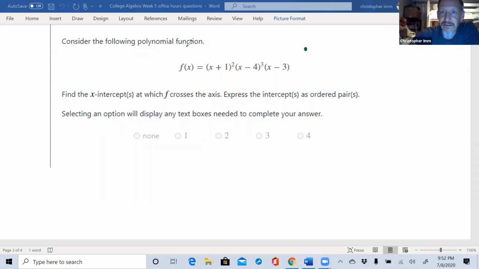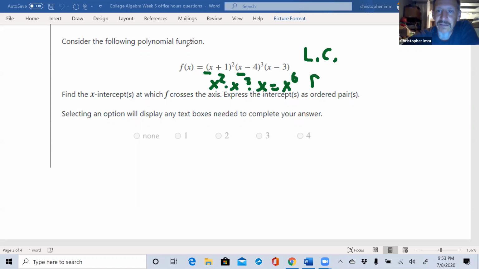Okay, look at this. If I was looking at the end behavior, my leading coefficient would be an x squared, so I have to square this x, times an x cubed. So I have to cube that times an x. That gives me x to the 2 plus 3 plus 1, that's x to the 6. So there should be 6 zeros there. Leading coefficient is going to be the 1.